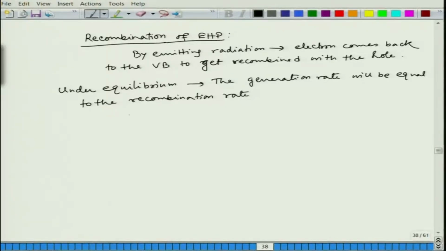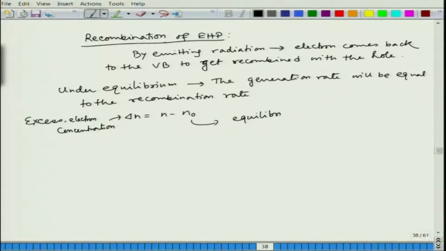So, now if we say that the excess electron concentration is this delta n, okay, and this n naught is the equilibrium value. Similarly, you can write for p, delta p is equal to p minus p naught, okay.